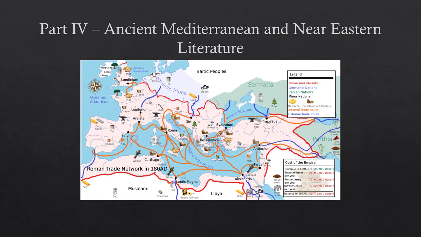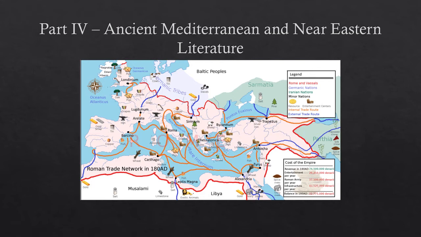I chose this slide with this image because what it shows is trade routes. You can see the Roman trade network and other ones here, and trading was really important. That was how people exchanged goods. Certain regions would produce certain items, and they would need something from another region that didn't grow or exist where they lived.